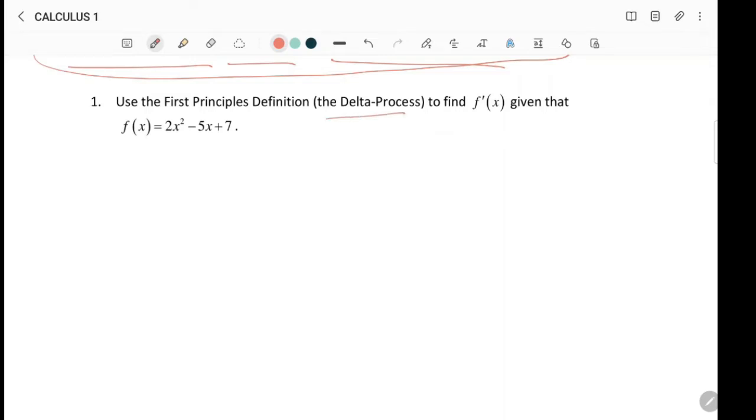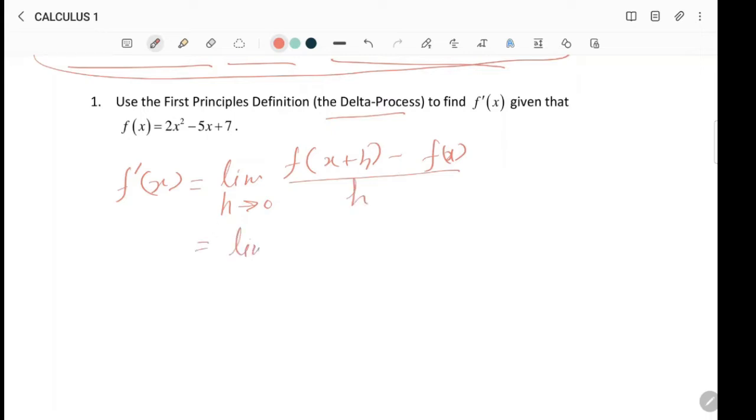Okay, so first of all we should know what is the delta process or first principle method. So that is we have one formula, f dash x equals limit h tends to 0 f of x plus h minus f of x over h, right? Okay, so here limit h tends to 0, this is f of x.